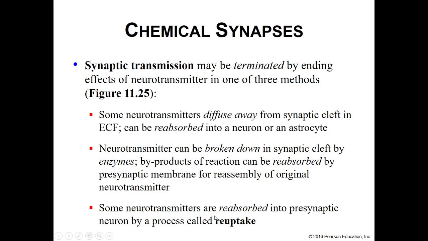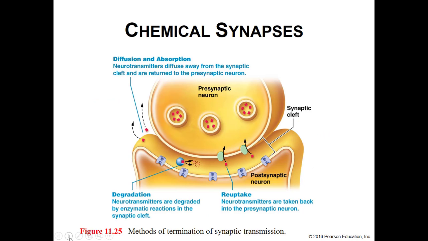And some neurotransmitters are reabsorbed into the presynaptic neuron by a process called reuptake. So these are three ways in which you can get rid of the neurotransmitter, stop the stimulation, and return the membrane back to resting membrane potential. And so here are those three methods: diffusion and absorption, degradation by an enzyme, or reuptake via pumps.